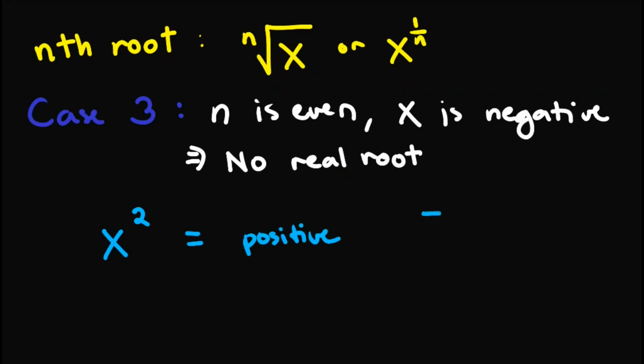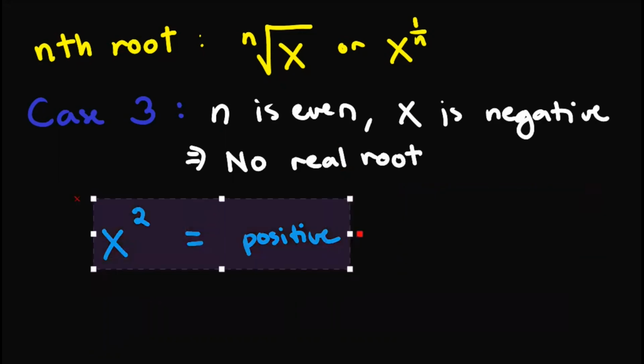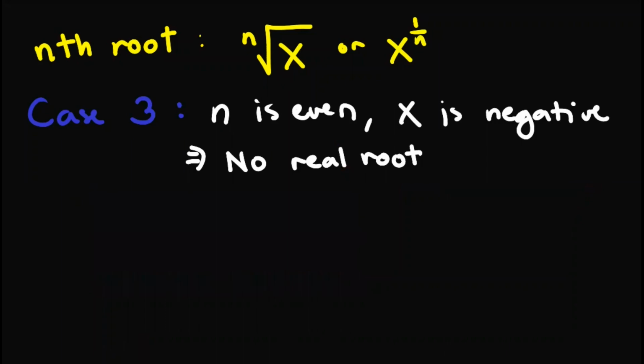Since negative times negative is equal to positive, and positive times positive is equal to positive. It's impossible to have negative times positive or positive times negative here, since we're multiplying a number by itself. So there are no real roots here, but there is an imaginary root.